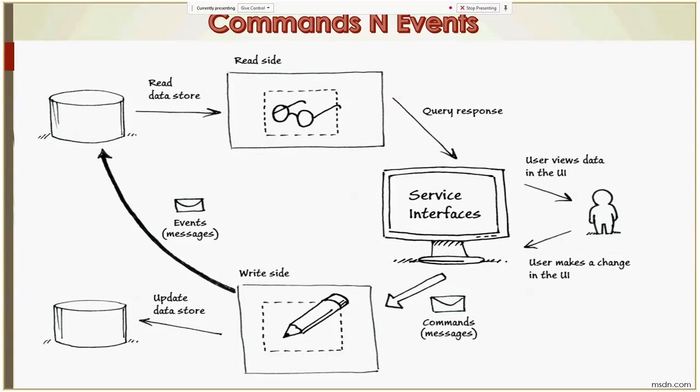Let's quickly wrap up by covering commands and events. So what is a command? It's a request for the system to perform a specific action. Whenever an end user makes some changes or wants to view some data in the user interface, it's a command. And what is an event?